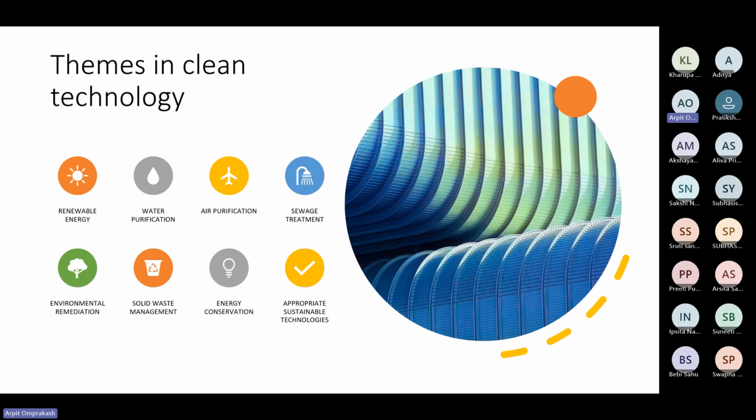Environmental remediation, where we basically go back and fix whatever negative changes have occurred in the environment. For example, like converting a mined area into a marshy pit, or developing it into a new habitat, or planting trees in place of that, and things like that. Energy conservation and appropriate sustainable technologies. So basically, technologies that are appropriate for the scale at which we are working. Right.